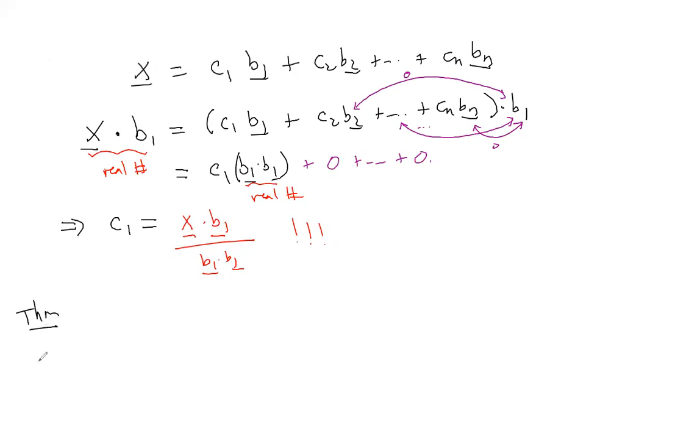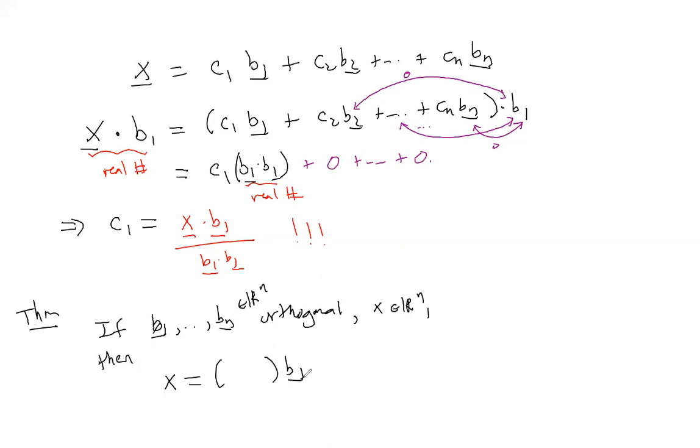or a proposition. If B1 through Bn are orthogonal, these are all in Rn, x in Rn, then x equals some linear combination of B1 through Bn, and the coefficients are just given by an exact formula: x dot B1 over B1 dot B1, and so on up to x dot Bn over Bn dot Bn.